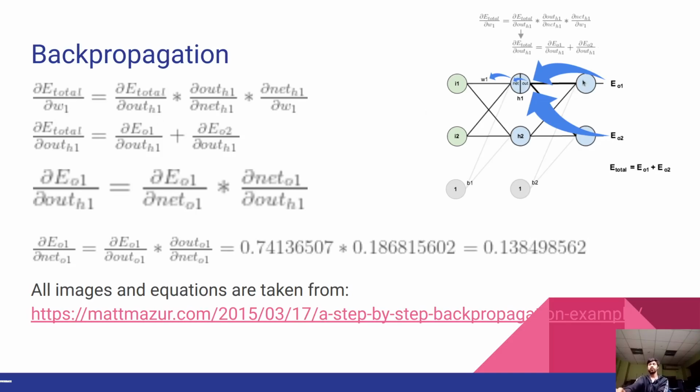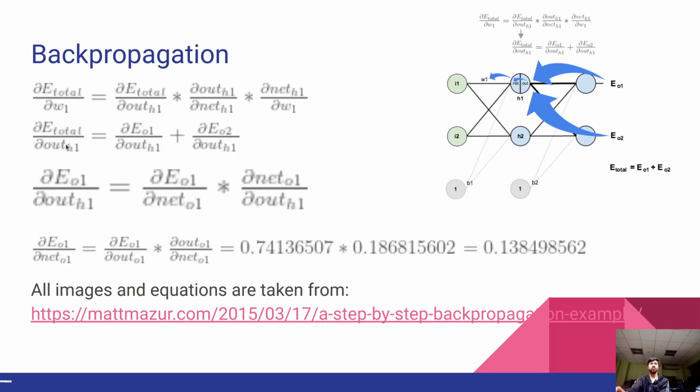We calculate E total from E01 and E02, which come from O1 and O2, not directly from W1. So we have to expand it so that it depends upon W1.